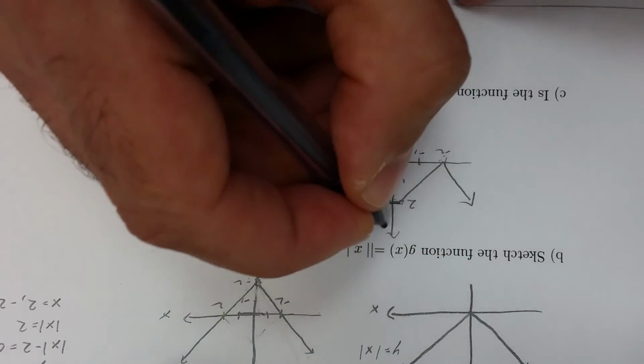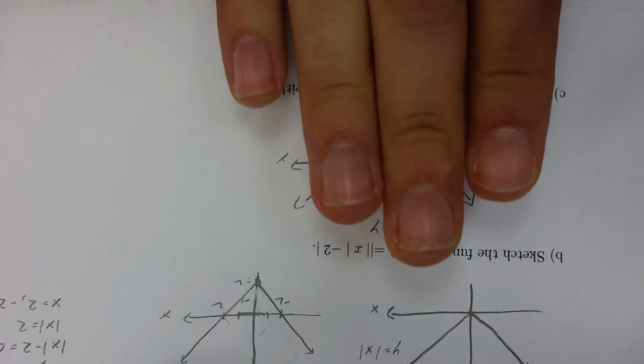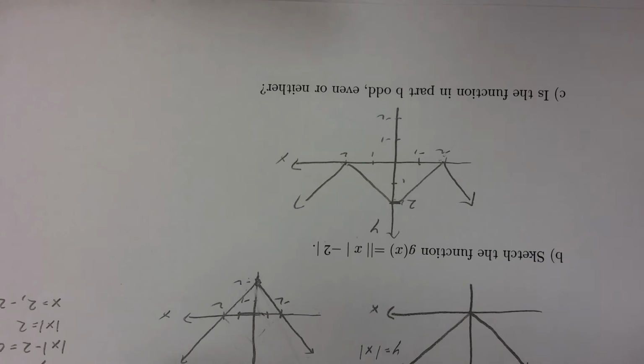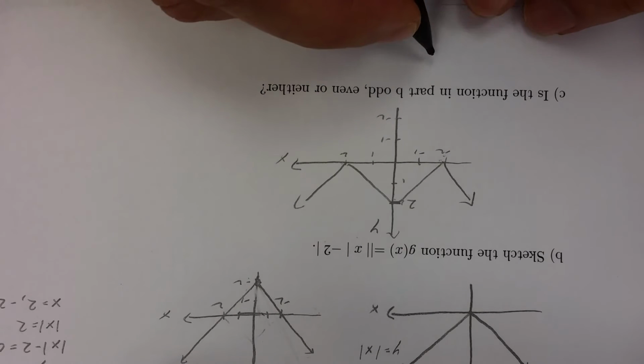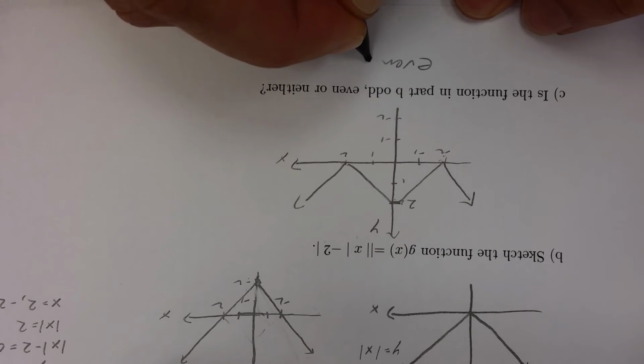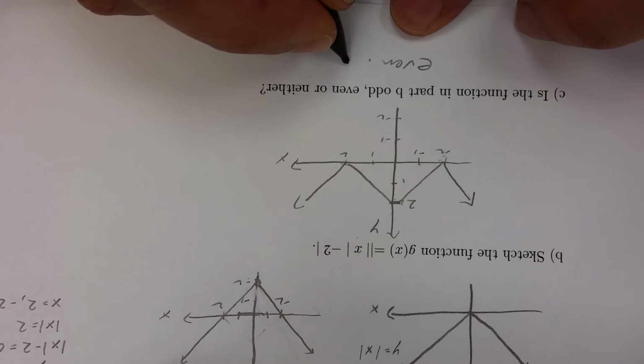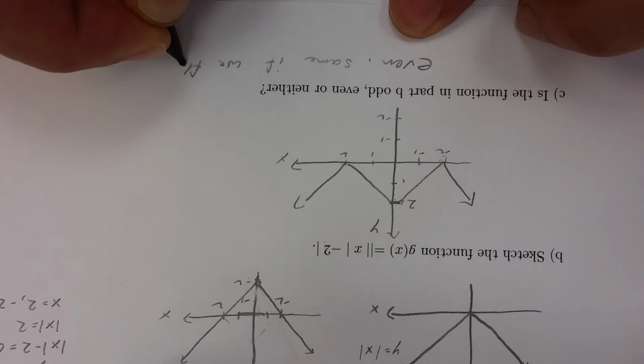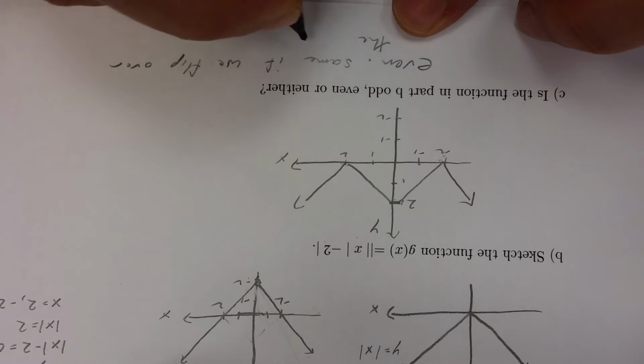So again, here's the x-axis, here's the y-axis, and I think you can see that if I do flip this curve over the y-axis, it's exactly the same. So this function is in fact even. So it's the same if we flip it over the y-axis.